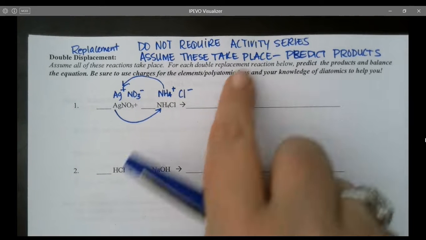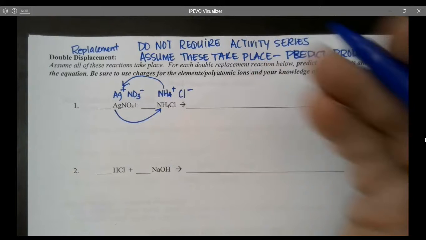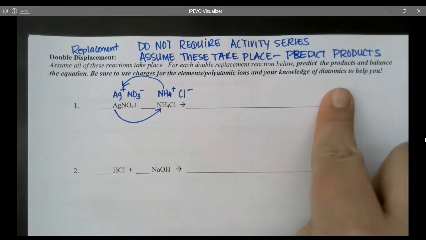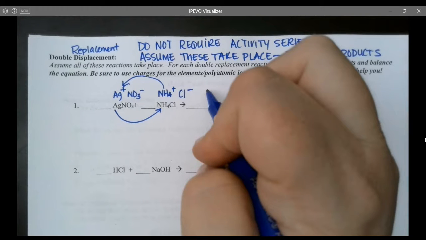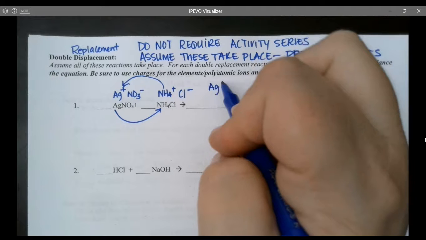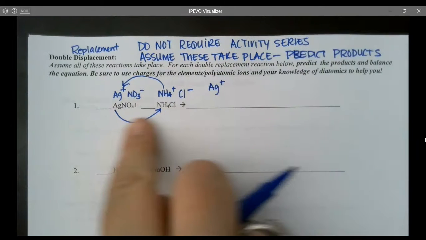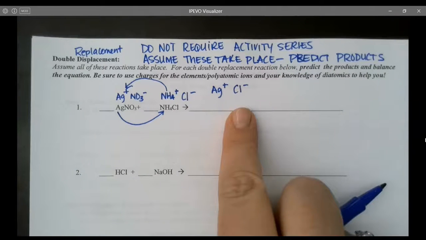Now, we don't have to use an activity series this time to double check. We're going to assume that these are going to take place. And so we're just going to make our new products on this side, okay? So when we make our new products on this side, we're going to say, okay, my Ag, which is a +1, came over here and it bonded with Cl, okay?